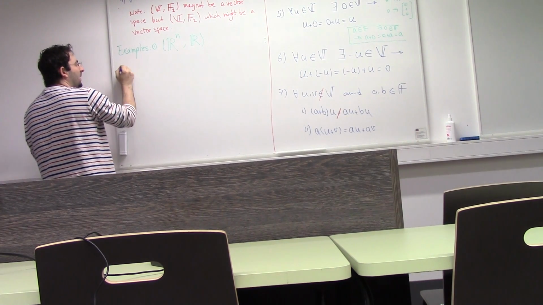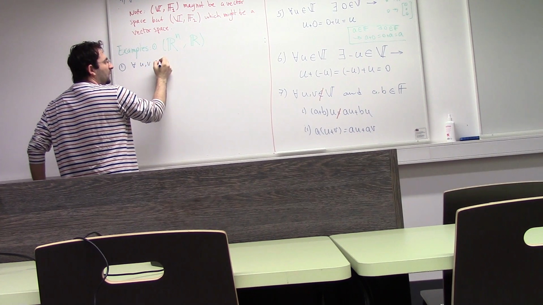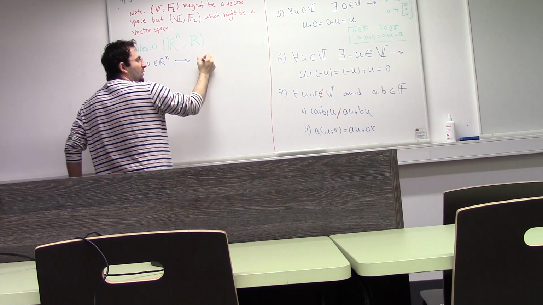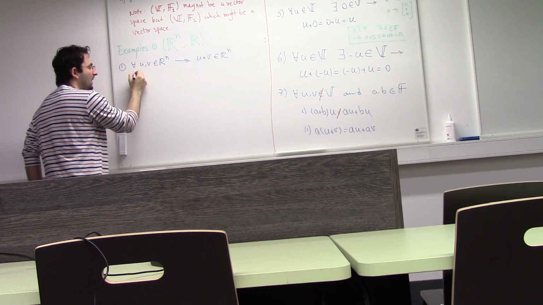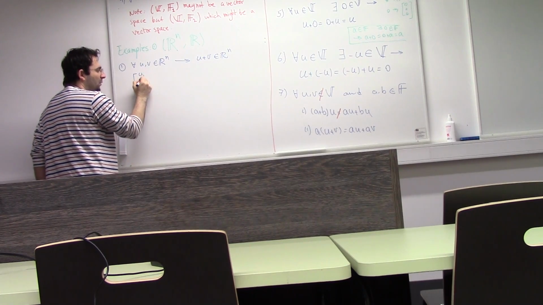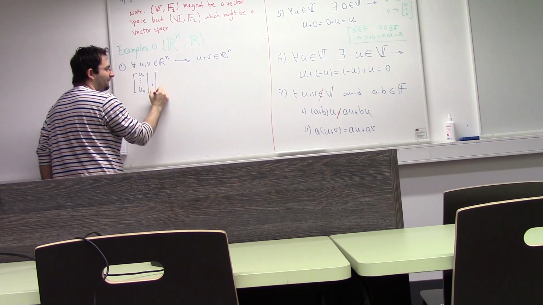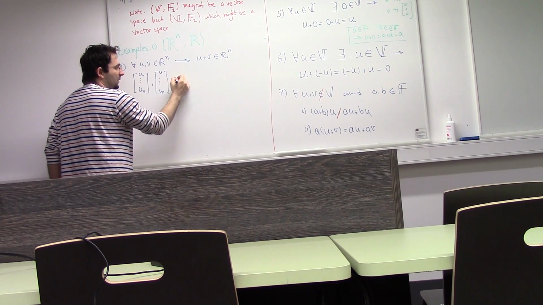Let's say property number 1, which was saying that for any U and V belonging to Rn, we have to show that U plus V also belongs to Rn. Let's see if it is true. So we have U1 till Un, and we have V1 till Vn, and we know that they belong to Rn, right?